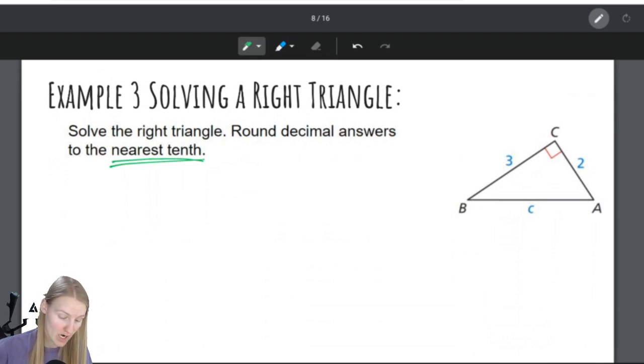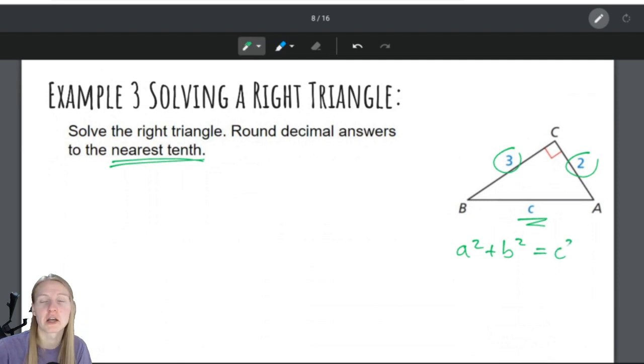So, first thing I noticed is that I have a right triangle. That is a right angle. And I'm also noticing that I have 2 of the side lengths here, and I don't know what the 3rd is. So, if you remember back to the beginning of chapter 9, we can use the good old Pythagorean theorem for this.